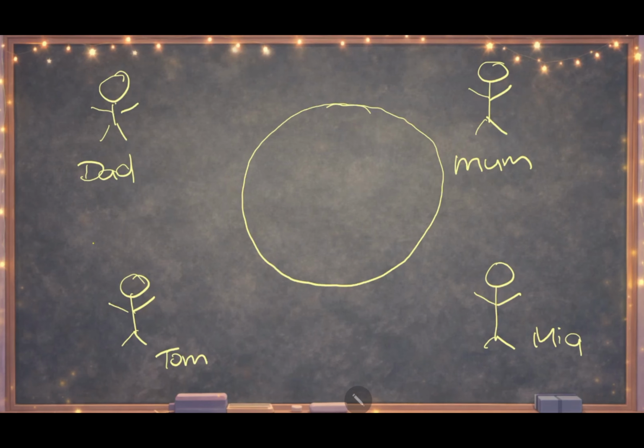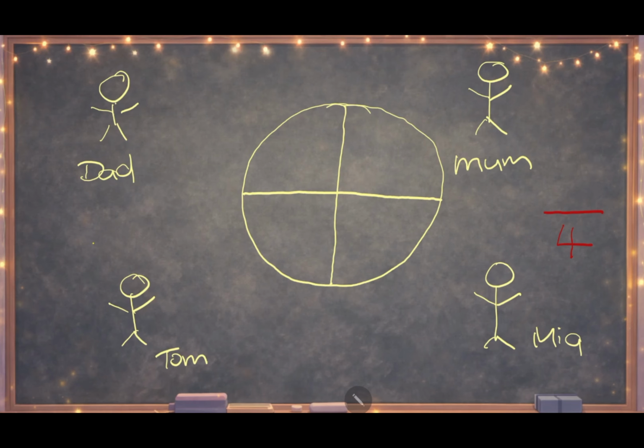Because we have 4 people, we will be sharing the pizza into 4 equal pieces. Now, when we write the fraction, we know the denominator is going to be 4 because 1 whole pizza has been shared equally into 4 pieces.